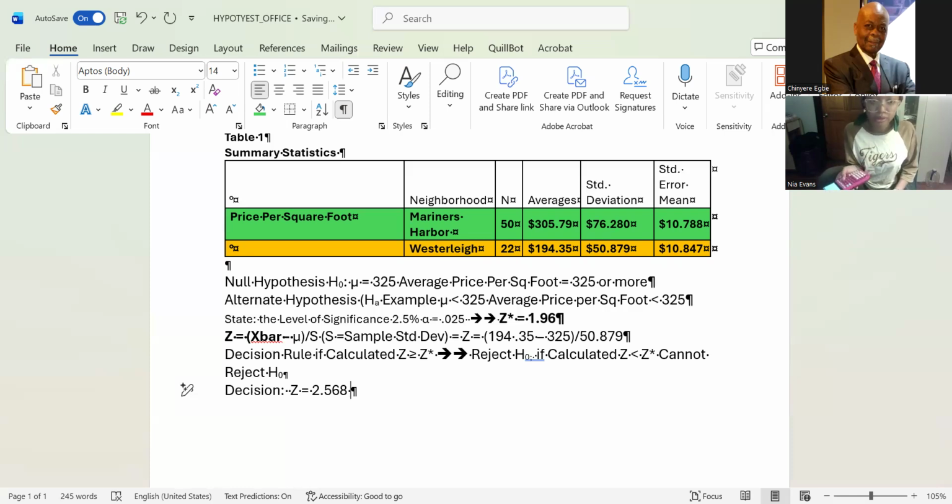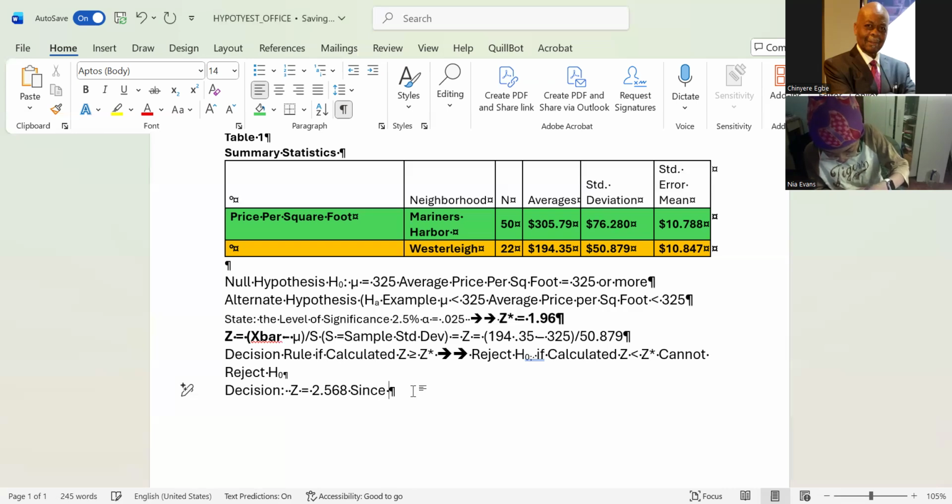Use the absolute value. You use the absolute value to test the hypothesis. Oh, right, got it. So it automatically goes to the absolute value, which is positive. My bad. Nope, it's not bad. This is what we'll have to explain. You use the absolute value to test the hypothesis. And so Z is equal to 2.568.